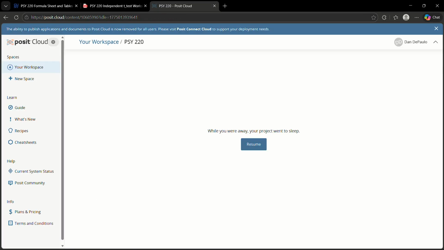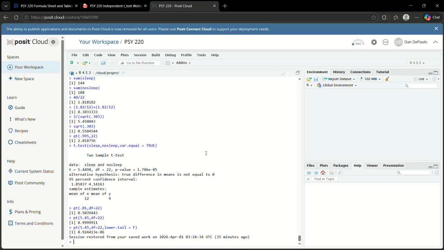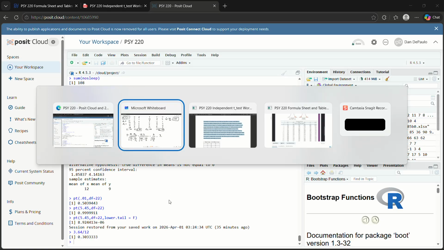So 3.64 over 12. We go into R, which likes to shut off, and we're going to do 3.64 divided by 12. It's a little bit of a hiccup here for R to get rolling again. That gives 0.303.